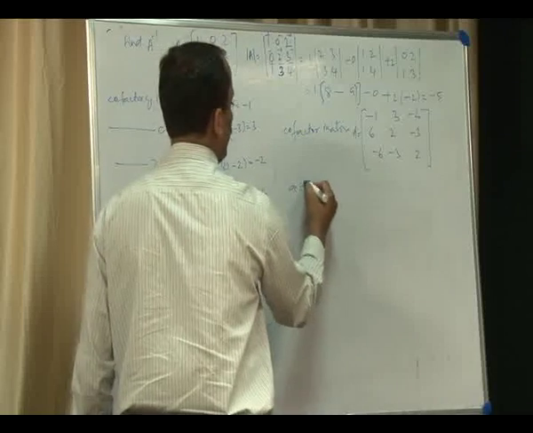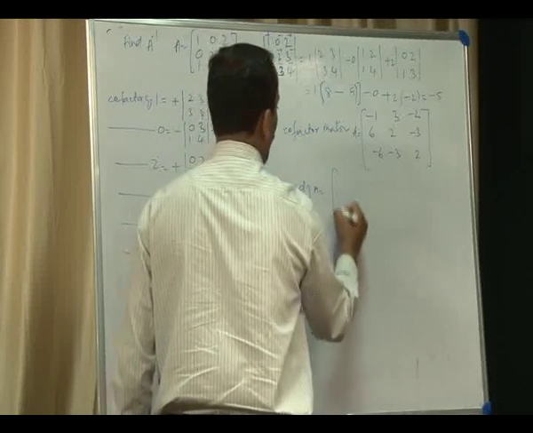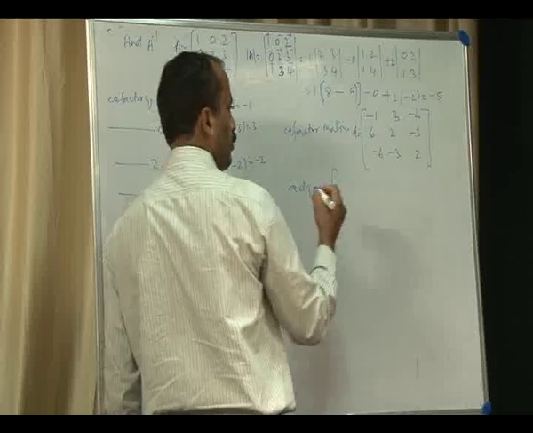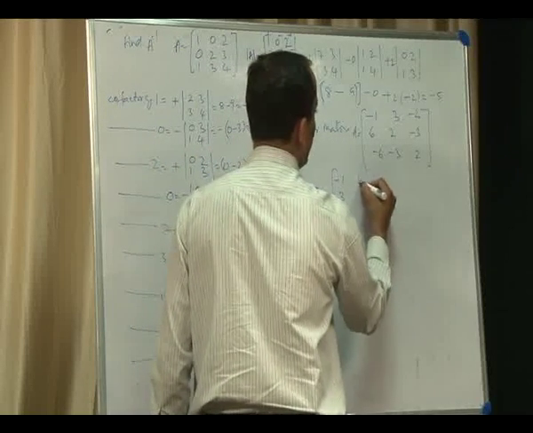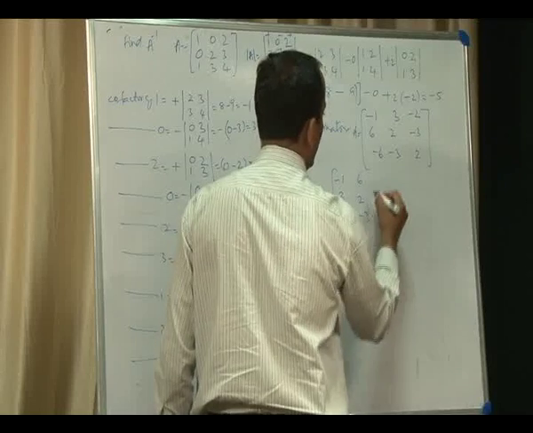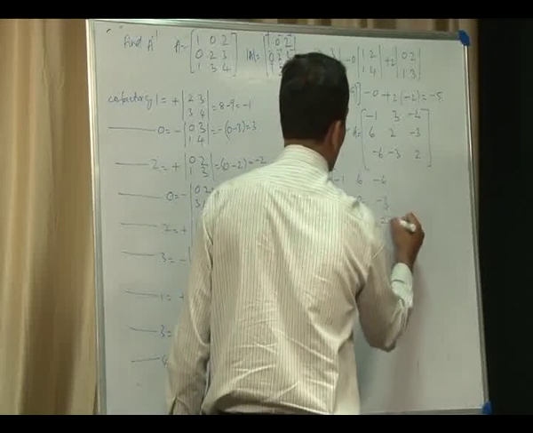Next, adjoint of a matrix. Adjoint A is equal to the transpose of the cofactor matrix: minus 1, 3, minus 2, 6, 2, minus 3, minus 6, minus 3, 2, 2.